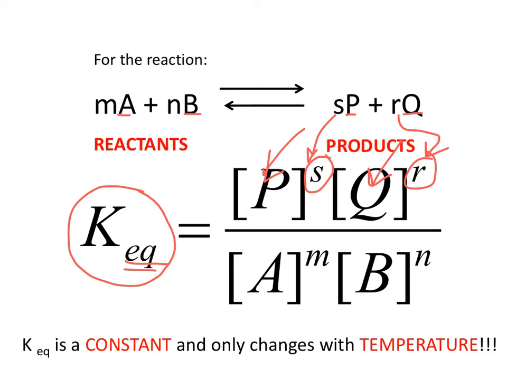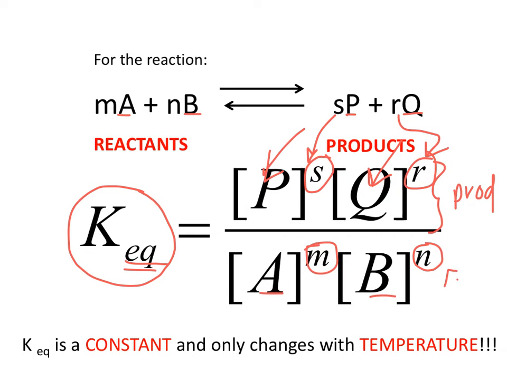We have products, this is very important, we have the products over the reactants. So here's reactant A and B, here are the coefficients from the balanced equation.